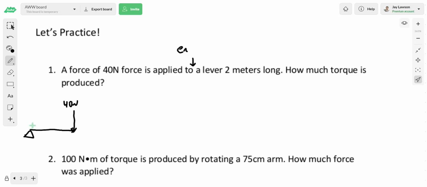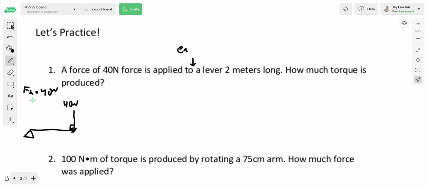Okay? Now, I'm going to write my givens over here to the left. Now, I said force perpendicular because we're not given some angle, right? We're not told that it's applied at some certain angle, so we're going to assume it to be perpendicular and at 90 degrees being applied.